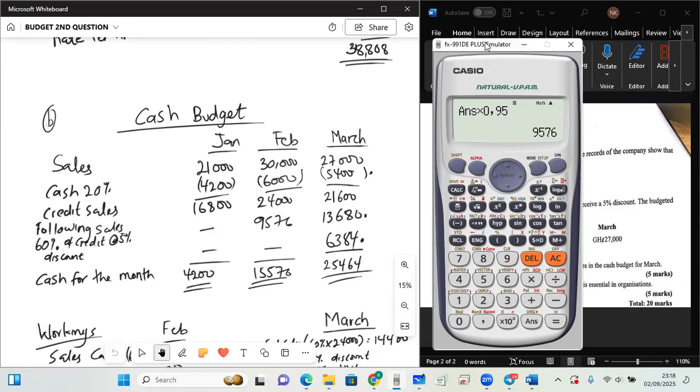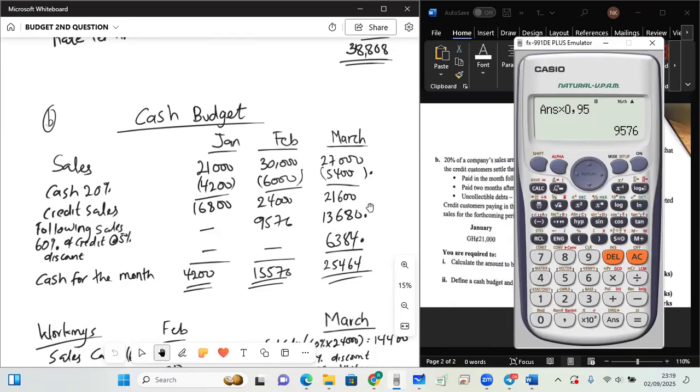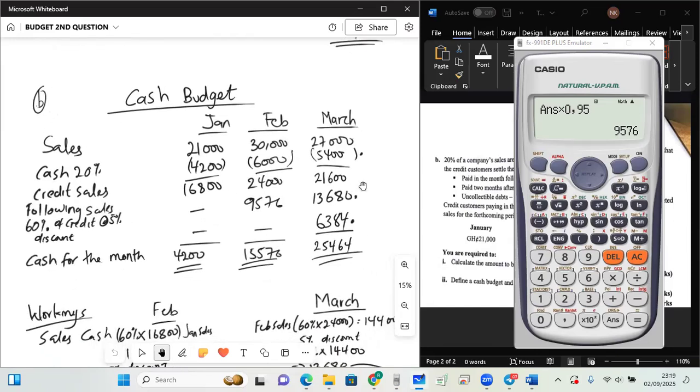So for us to know the cash for March, anything of cash nature in this cash budget for March is what we are going to bring. So the cash is going to be the cash that they will instantly pay, which is the first 20%. Here it is 5,400, plus the cash that they will be receiving from the previous month's sales.